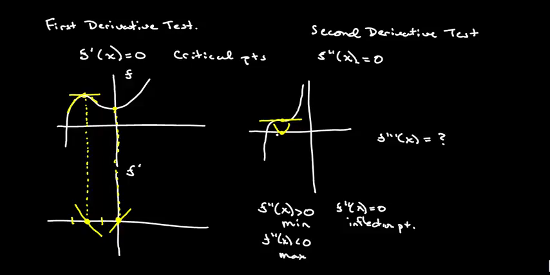Well, if this right here is the graph of f prime, then f double prime for this guy at this point should change from positive to negative. Okay, so f double prime is 0, but it's the change in f double prime, the change in the slope of the tangent line going from negative to positive, so there's change there.